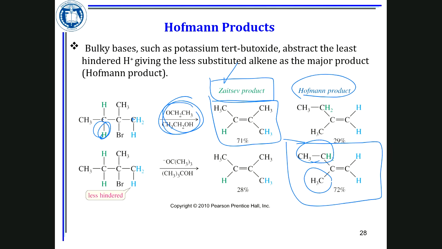You're going to make a decision and propose a method for preparation based on what is needed to be synthesized. So if you were going to make 1-butene, you cannot use a smaller base. So you have to take the Hofmann product, and in order to make the Hofmann product, all you have to do is change your base, use the bulky base to get a Hofmann product.